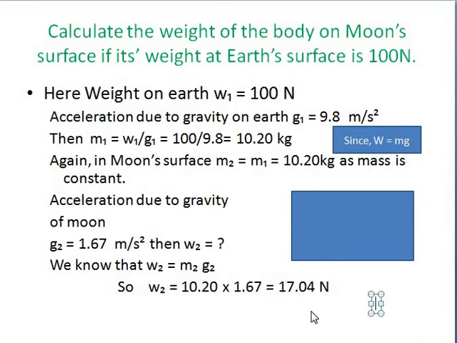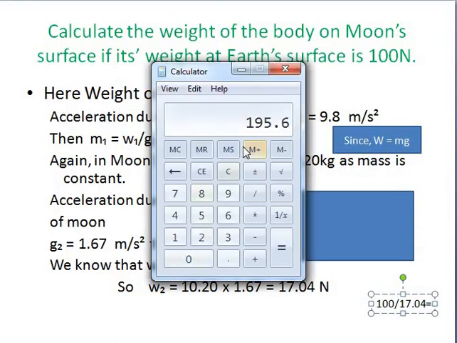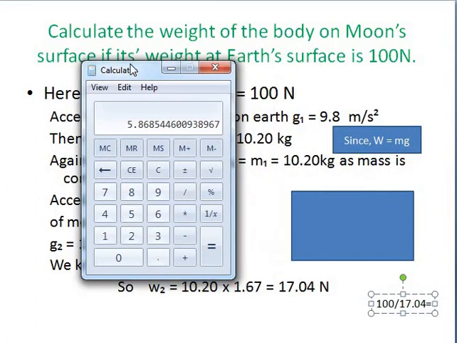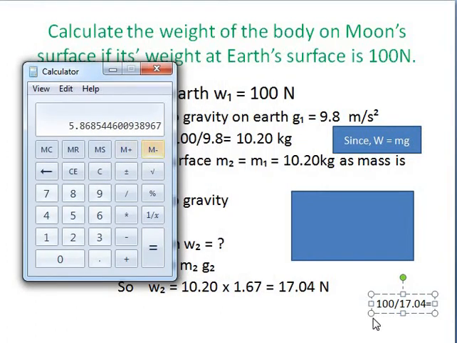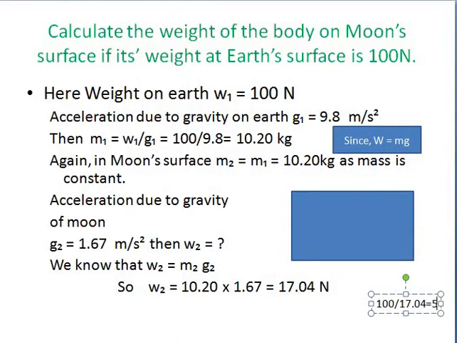To get that, let us divide 100 by 17.04. 100 divided by 17.04 equals, how much have you seen here? 5.86 or 87. Okay, that equals 5.87 times.